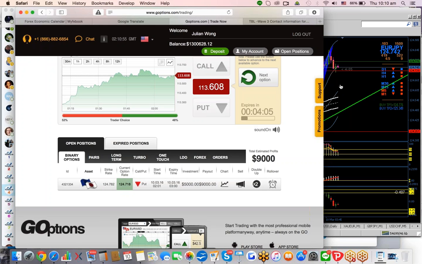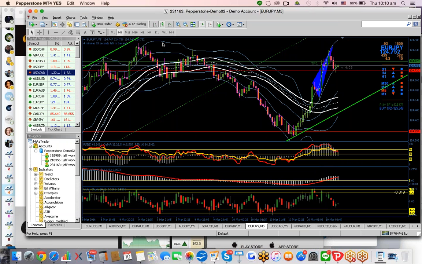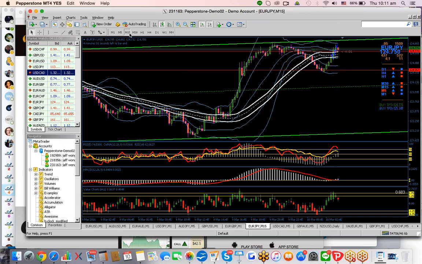Let's check out the M15. Just to recap what I mentioned in the last session, when you see trading shapes, you can pay little or no attention to the indicators at the bottom.